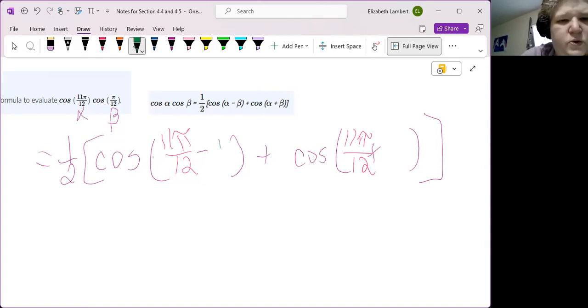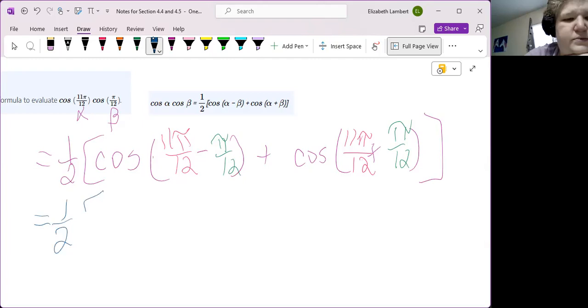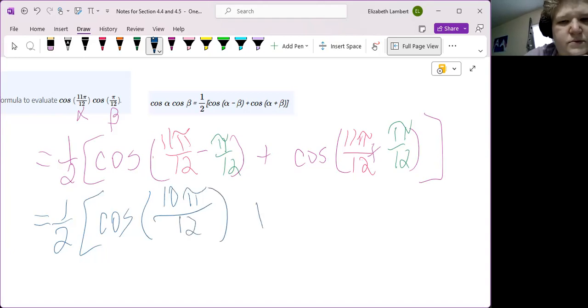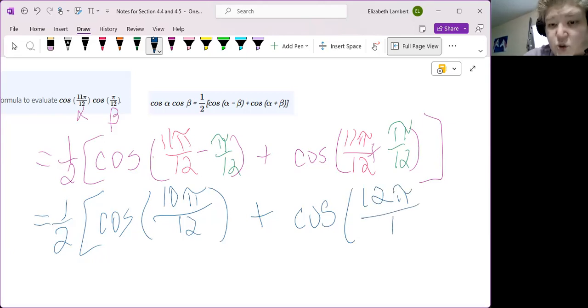Thing number 2, just pi over 12. So 11 pi over 12 minus pi over 12 is 10 pi over 12, plus the cosine of 11 pi over 12 plus pi over 12 is 12 pi over 12.